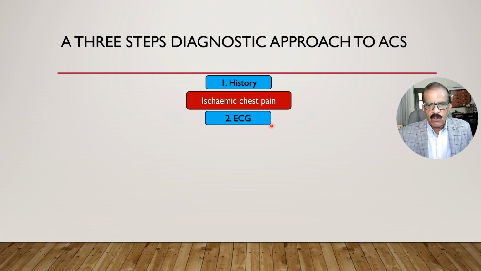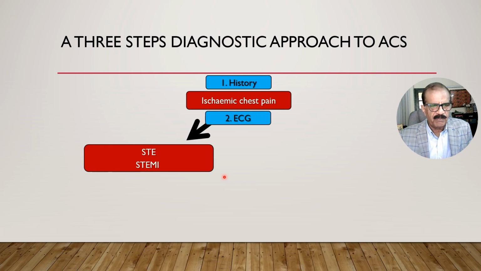In fact, when you're recording an ECG and the paper is coming out, by the time the ECG is recorded, you already know the diagnosis. So the first possibility is that a person has a typical history of chest pain and the ECG shows ST segment elevation. You need to have significant ST elevation in at least two contiguous leads to be significant.